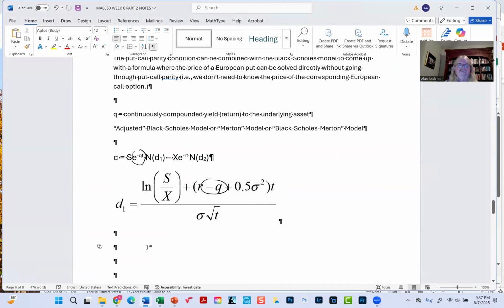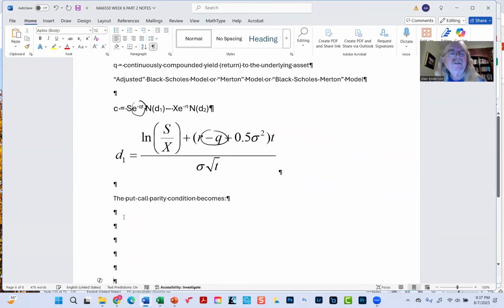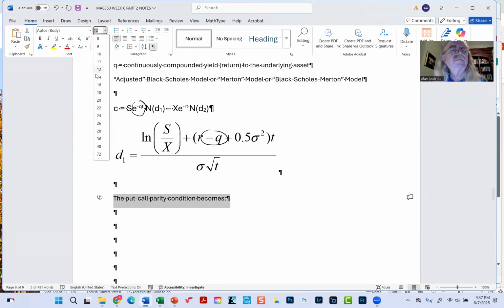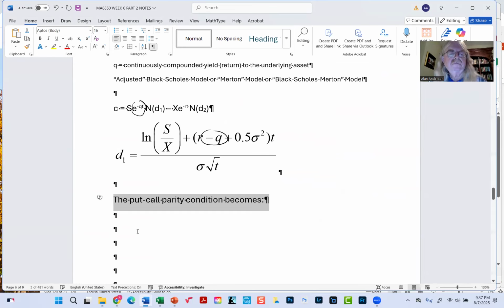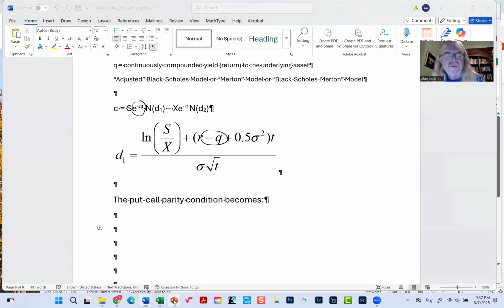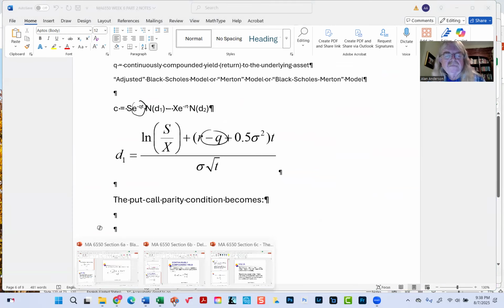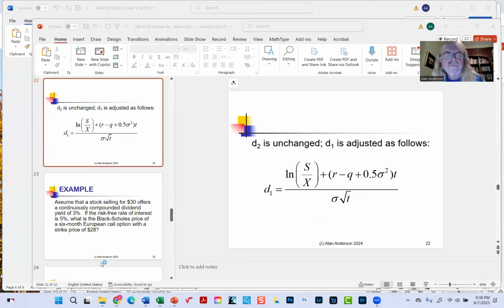So I'll mention that right here. And basically it's the same thing. We have to adjust the S to take into account the yield that the asset is providing. And so the new one becomes, it's a little bit further down.